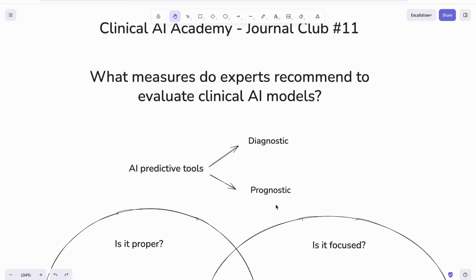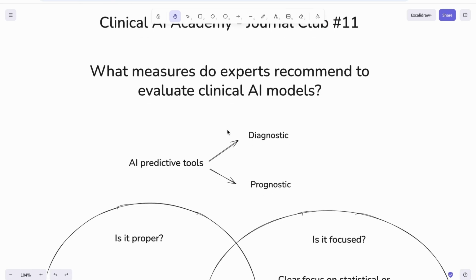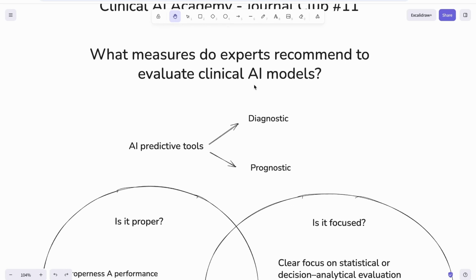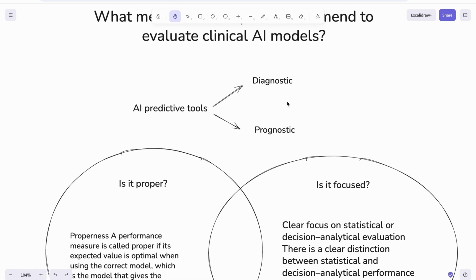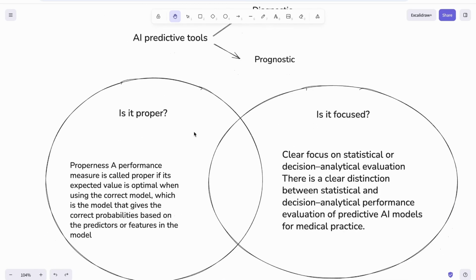So they suggest that for a measure to be effective for evaluating clinical AI models, there are two questions to be asked. Is it proper? They define properness as: a performance measure is called proper if its expected value is optimal when using the correct model, which is the model that gives the correct probabilities based on the predictors or features in the model.